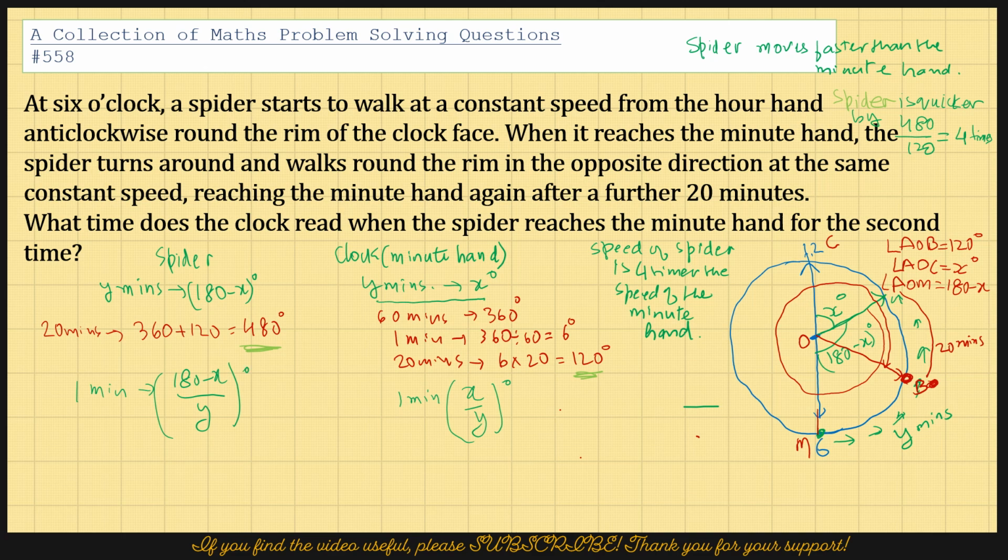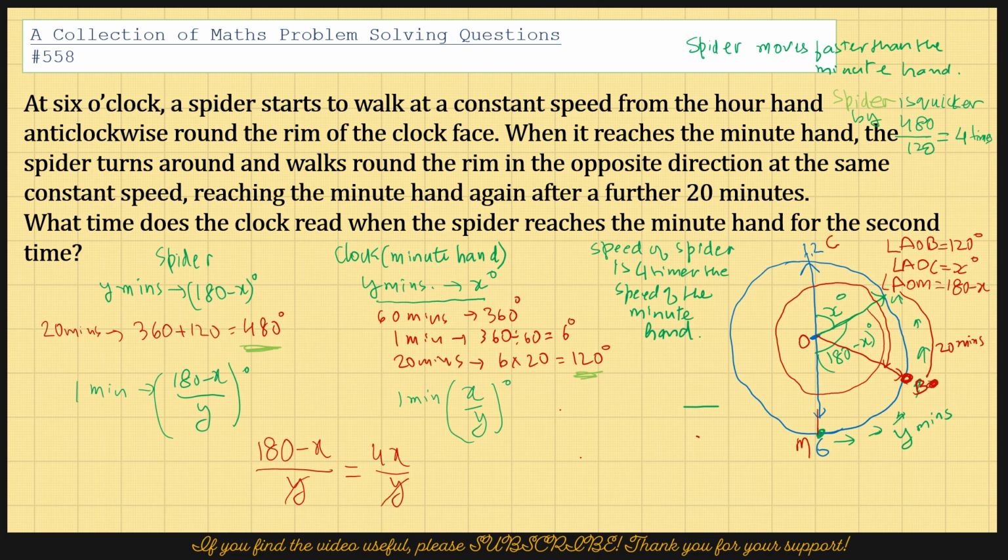What we aim to find, you might have guessed, is the time. To find the time, we have to find the degrees. If we can find x, and work out the degree movement of the minute hand, we can work out the time. So we can have an equation here. Because the spider is 4 times faster, 180 minus x out of y equals 4x out of y.